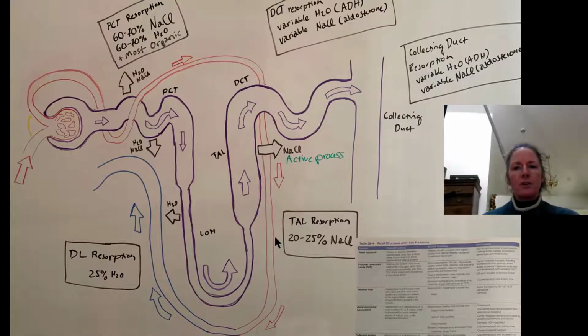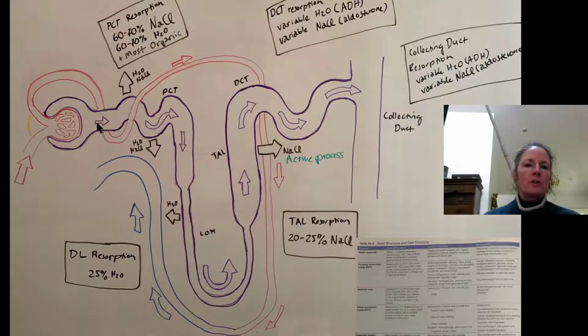All right, so here's something that I drew on the board just as a quick recap. Before I get into the big points, I wanted to highlight the major processes within the nephron. My drawing, just like the others, is folding out that nephron so that you can see it.